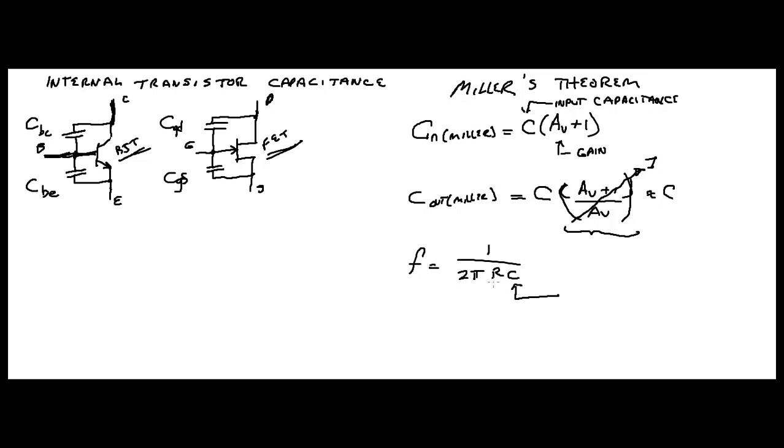You need to calculate R too, don't get me wrong, but C is something that you have to spend more time calculating for the high frequency response. That's what I'm getting at here. Alright, so in the next segment I'm going to draw an amplifier and we're going to redraw it for high frequency analysis.